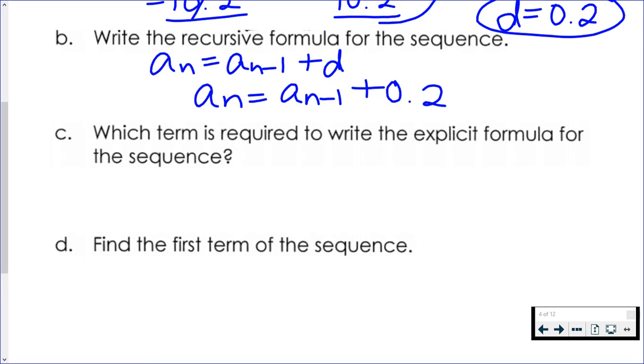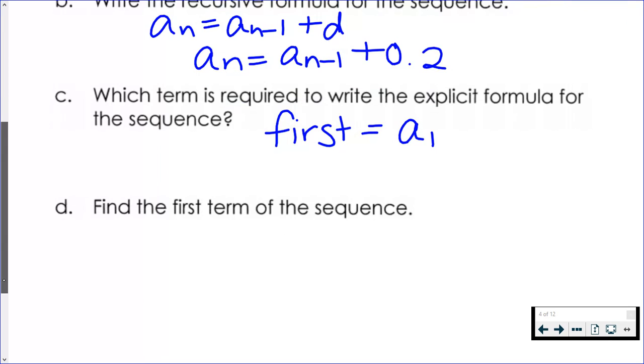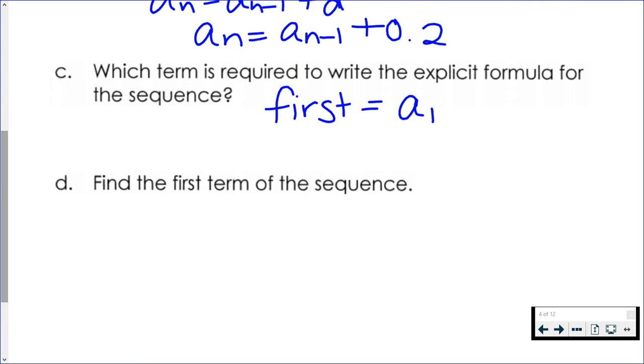Next, it says which term is required to write the explicit formula. The explicit formula contains the first term. And in this case, they're using A subscript 1 as the first term. They didn't give us the first term, so the next thing we're going to do is find it.